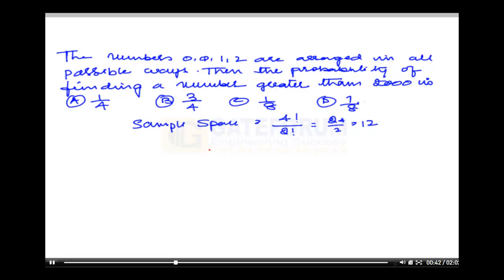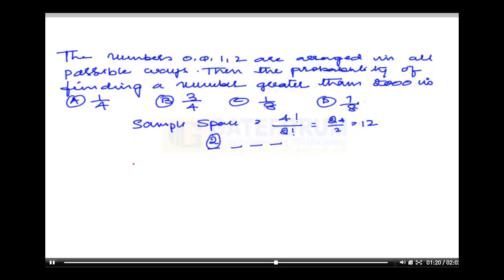Let us consider 4 places for 4 digits. Since the number should be greater than 2000, the 1000th place should be 2 or more. Therefore, we can fill only 2. That means only one way. So 2 indicates only one way of filling it, and remaining 3 numbers can be filled in 3 factorial, and out of these 2 zeros are there.